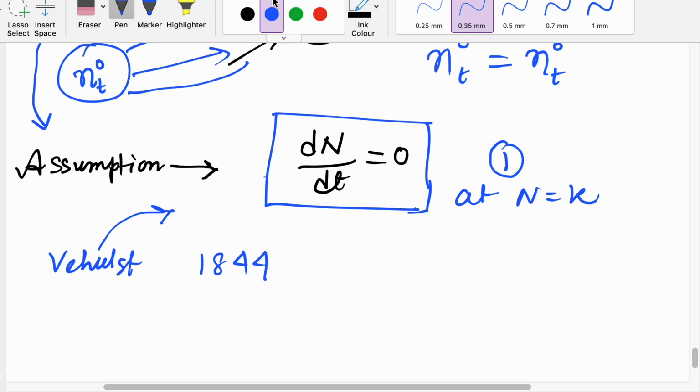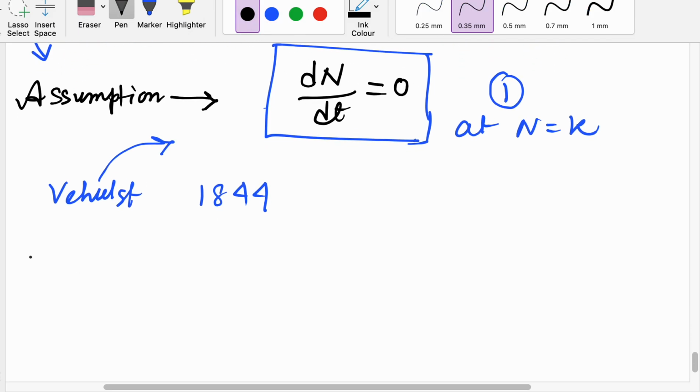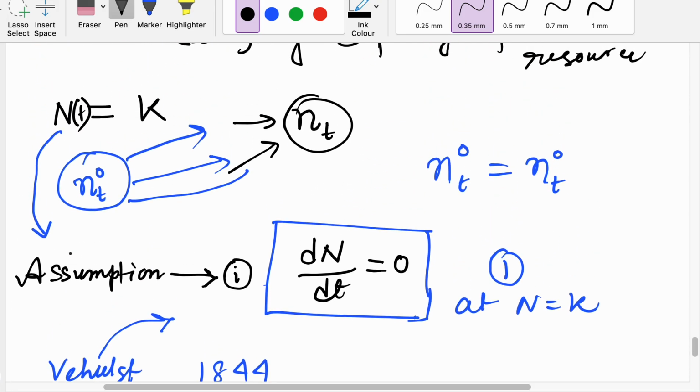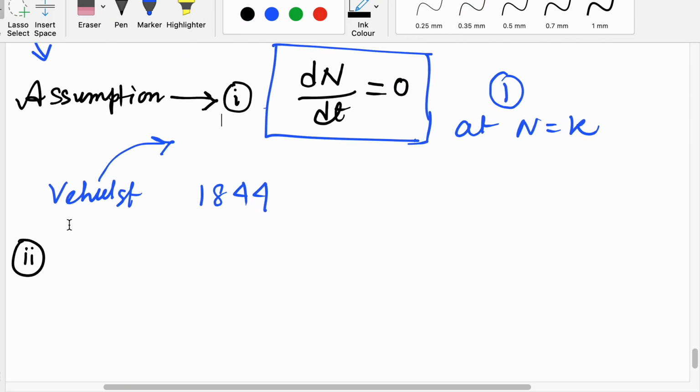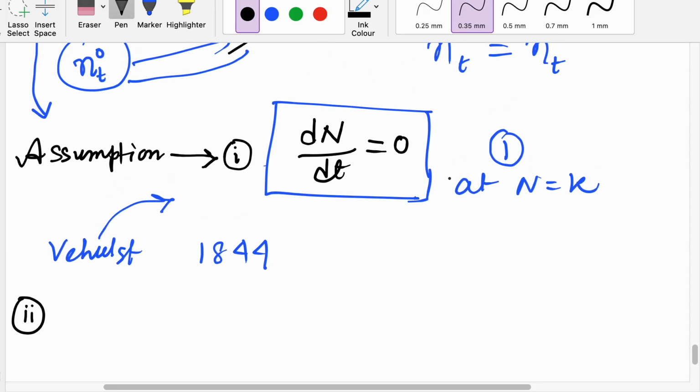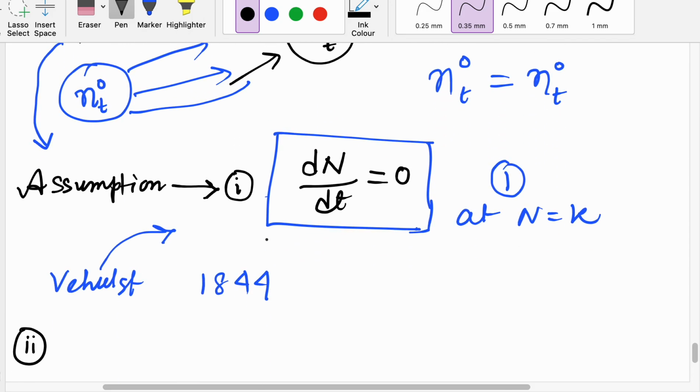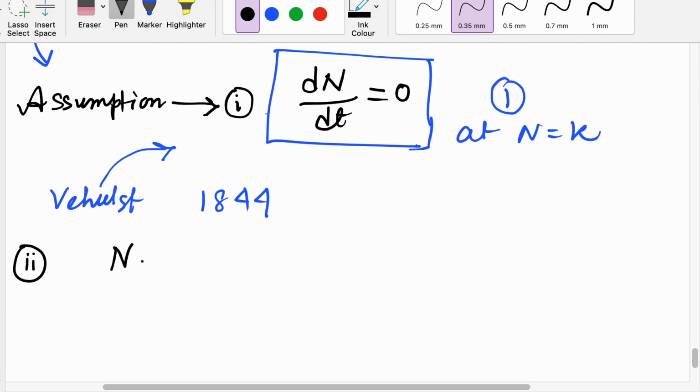Now, another assumption, assumption number 2. So this is assumption number 1 and assumption number 2. What will happen when the abundance of resource is available for the population? It will happen when the number of individuals in the population is close to 0.